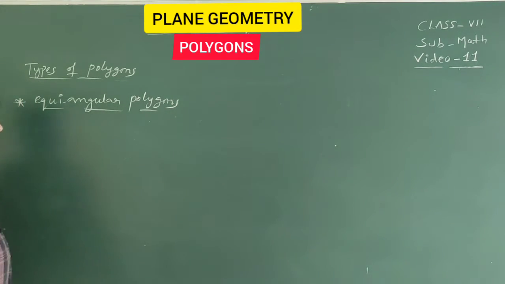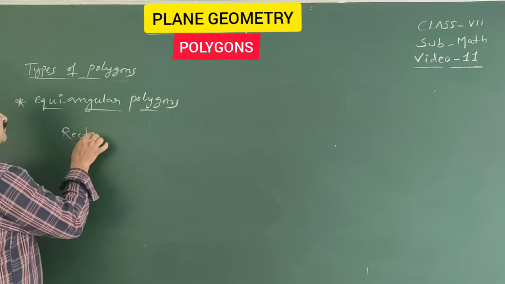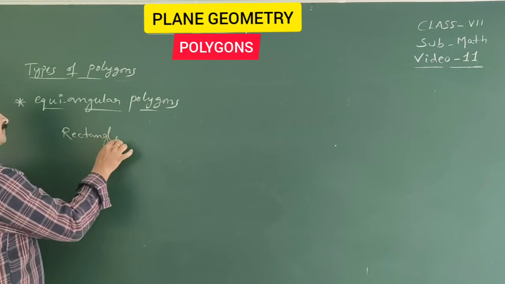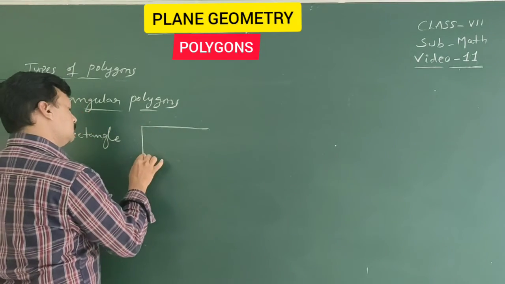In a triangle, there is no special equiangular and equisided polygon given. It's regular, because in a triangle, sides equal means angles equal means sides equal. But in case of quadrilateral, rectangle is an example of an equiangular polygon.